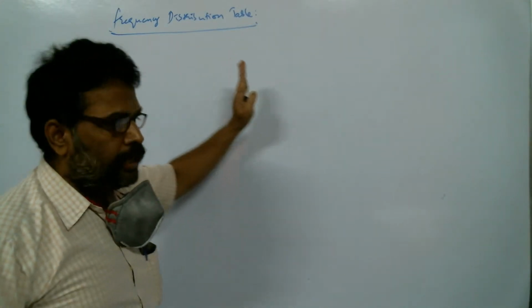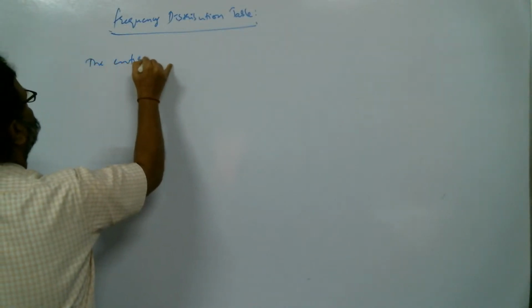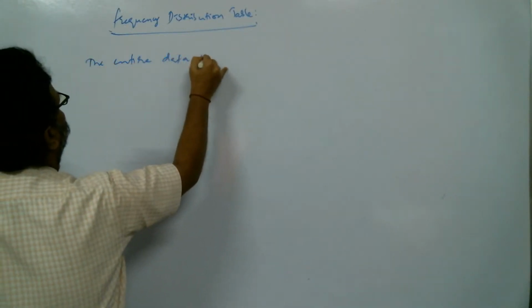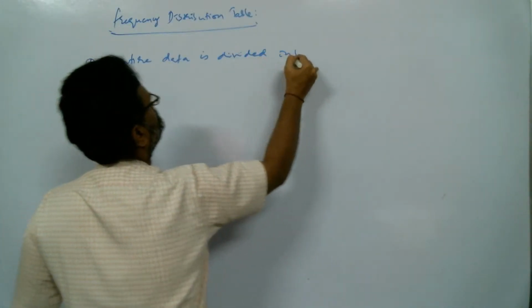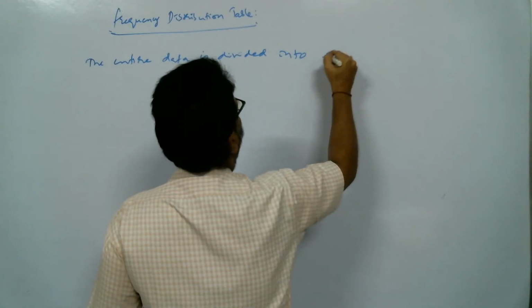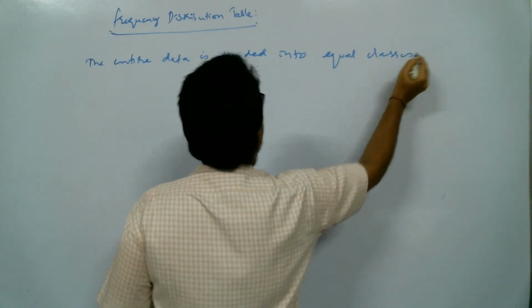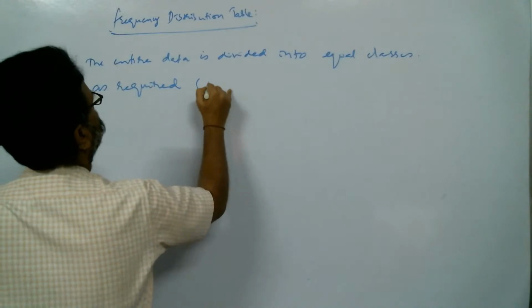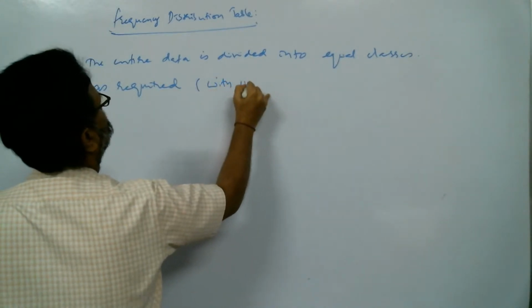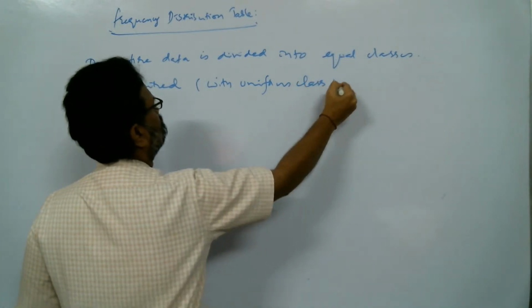Now, the entire data is divided into equal classes as required, with uniform class size or class width.